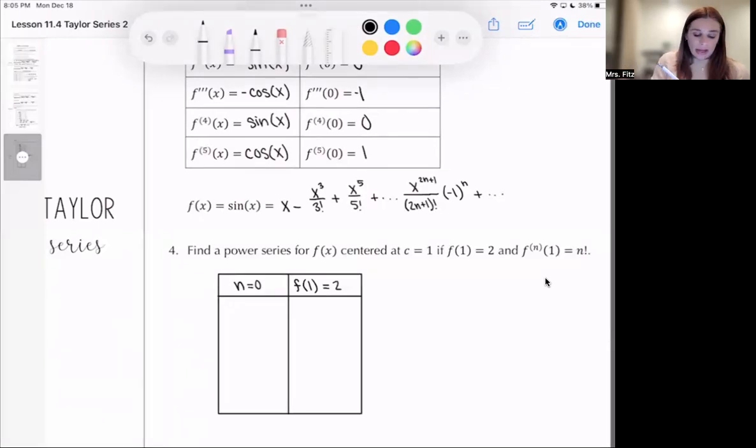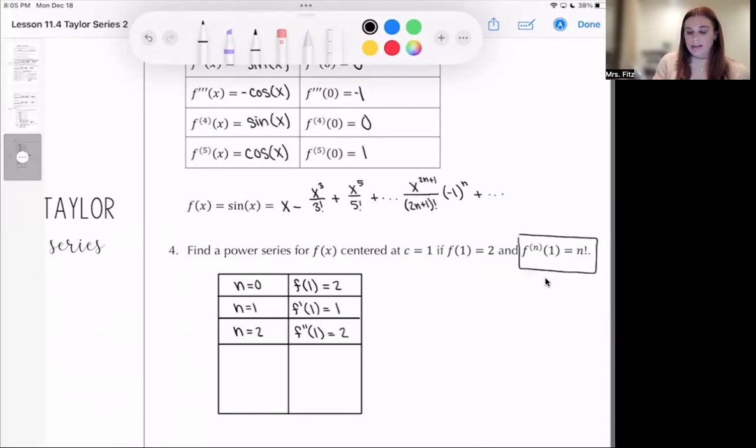Okay, so then when n equals 1, this is f prime of 1, which is n factorial. 1 factorial is just 1. So we can keep filling this in. When n equals 2, we know that f double prime of 1 equals 2 factorial, which is just 2. So that's just using this guy right here to get these values.